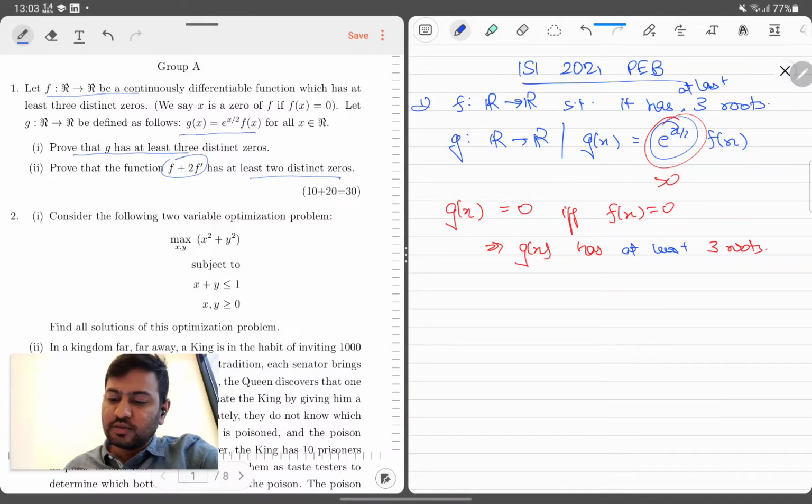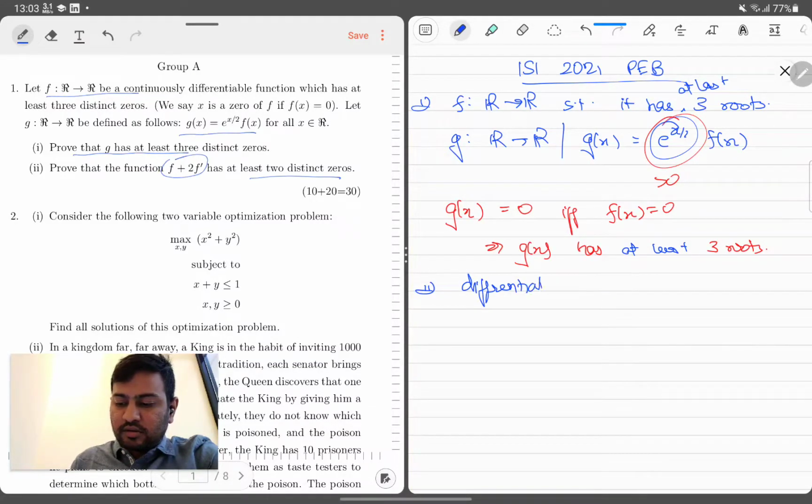So let's look at this function. Let's start with looking at my g of x. Okay, so here's the trick of doing this part. So you differentiate g of x.